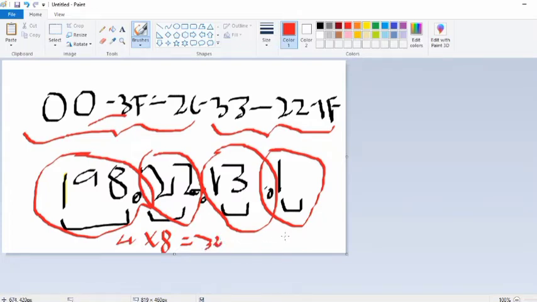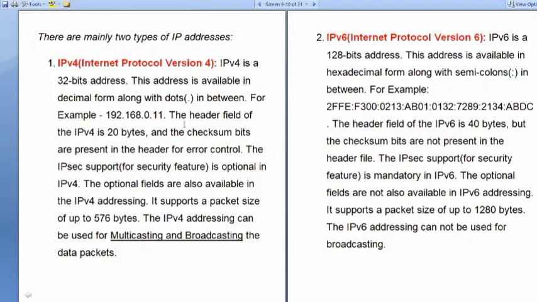That means this IP address can give 2 to the power 32 addresses.